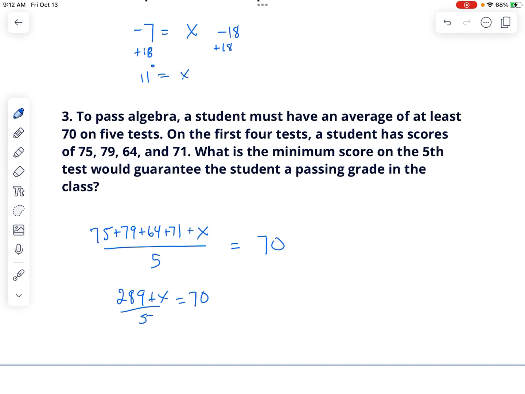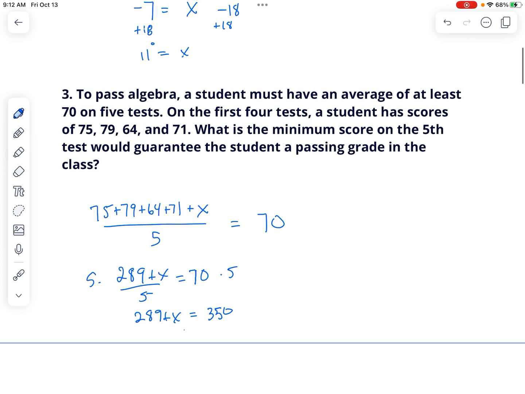All right, I'm going to undo that division of 5, so I'm going to multiply each side by 5. And then I'll subtract the 289 from both sides, and so I get x is 61. So the student must score at least a 61.